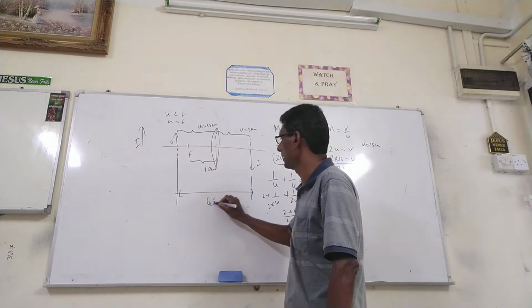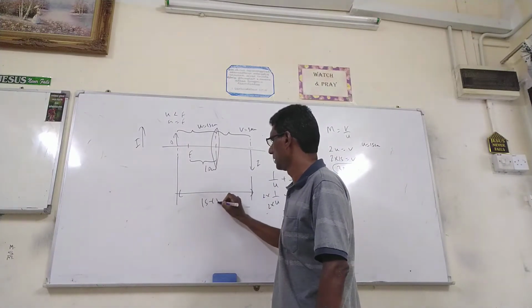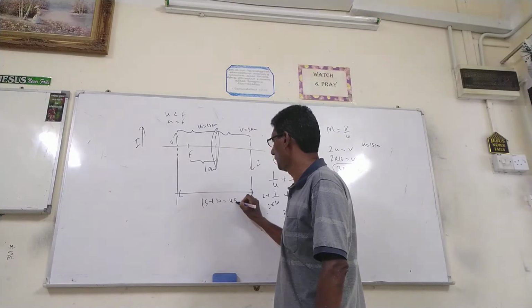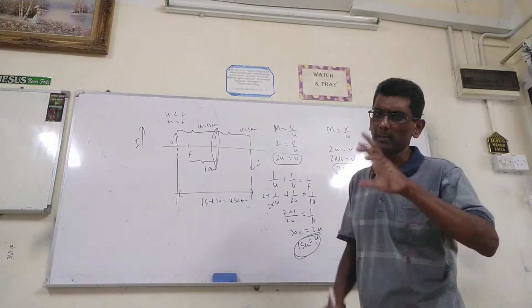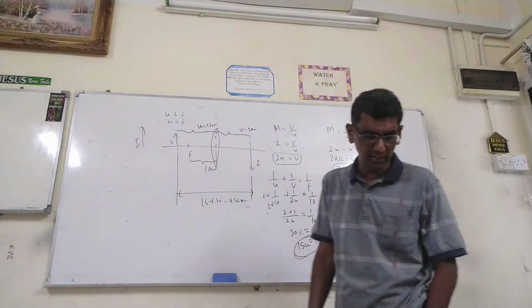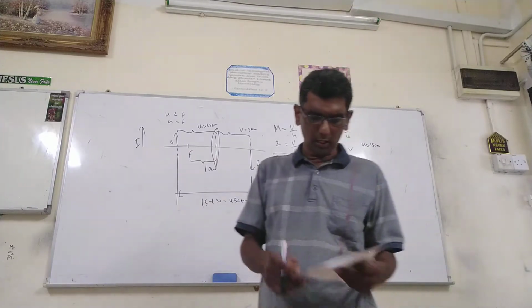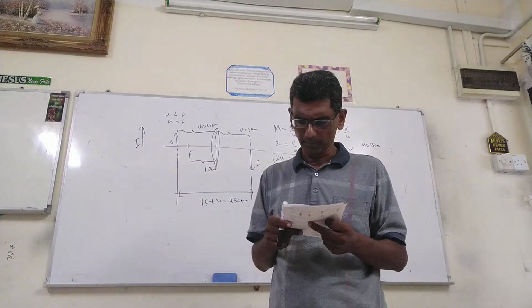So 15 plus 30 equals 45 cm. The distance between object and image is 45 cm.